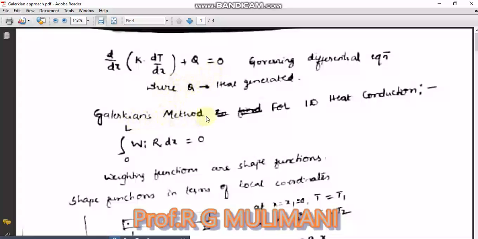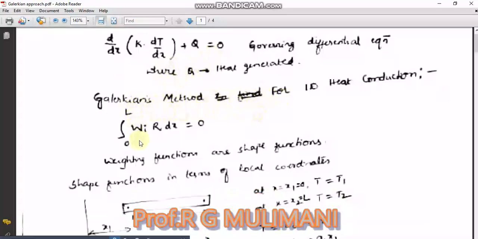In the Galerkin approach, we integrate the differential equation and we assume the displacement function. This is the weighting function, and the differential equation is the residual function. The integration of the weighting function times the residual function over the length of the body is equal to 0. This is the Galerkin method.